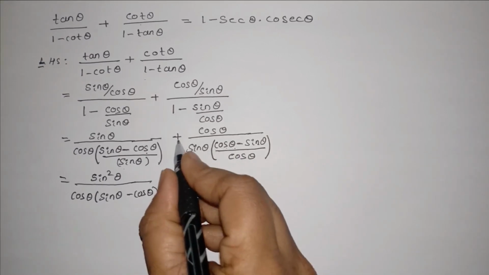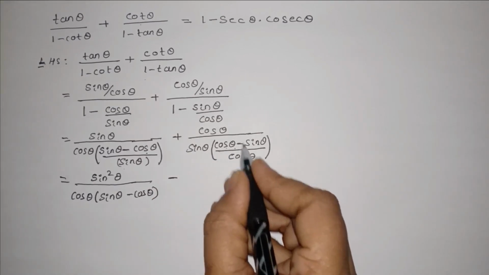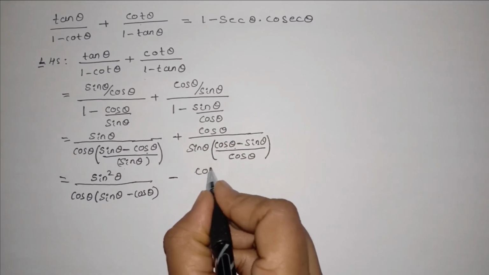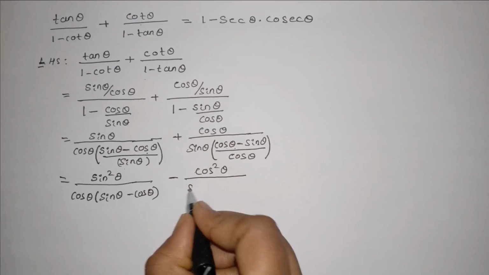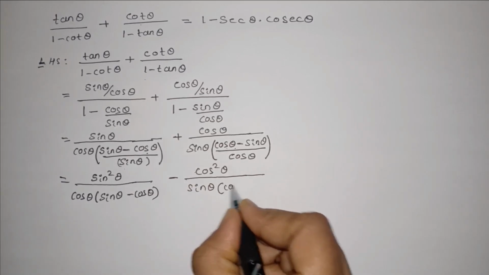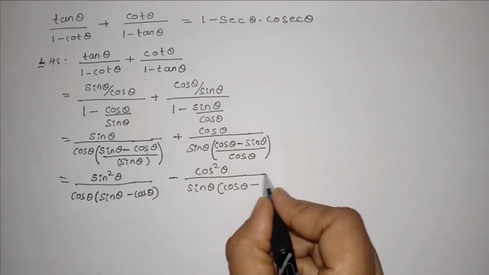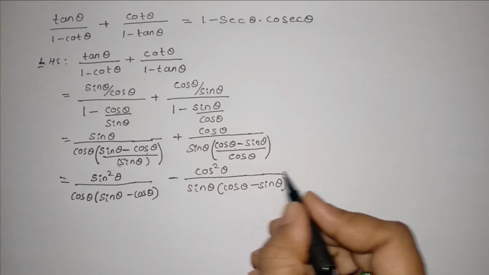We will get plus into minus will become minus. So cos at the denominator goes to the numerator, cos square theta divided by sin theta into bracket cos theta minus sin theta, bracket complete.